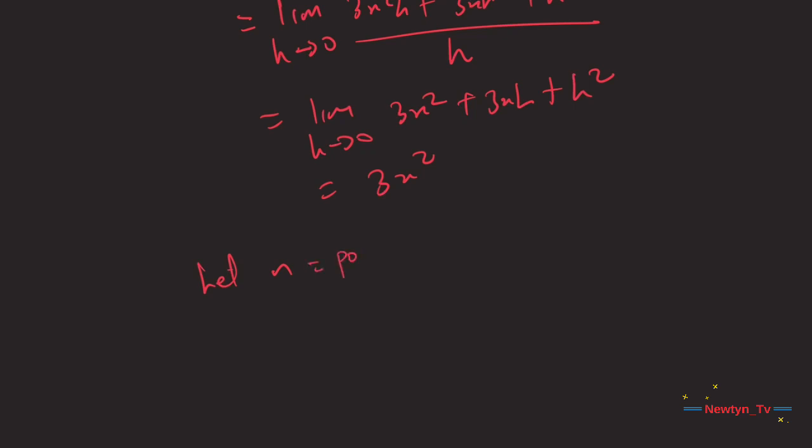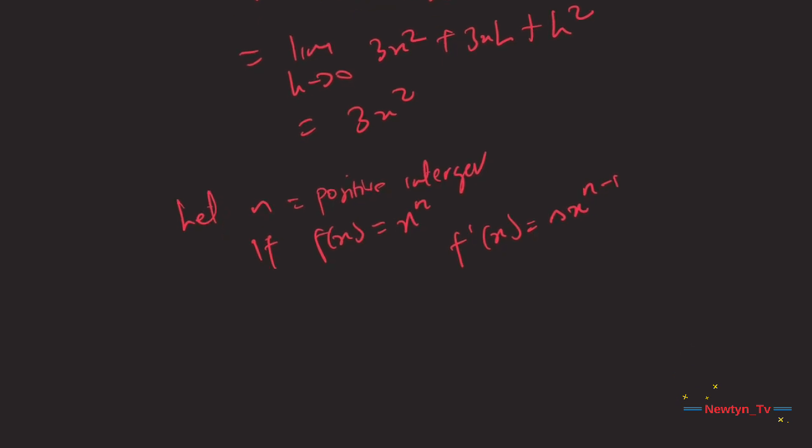If f(x) = x^n, then f'(x) = n x^(n-1). Alternatively, you can write it as d/dx of x^n equals n x^(n-1).